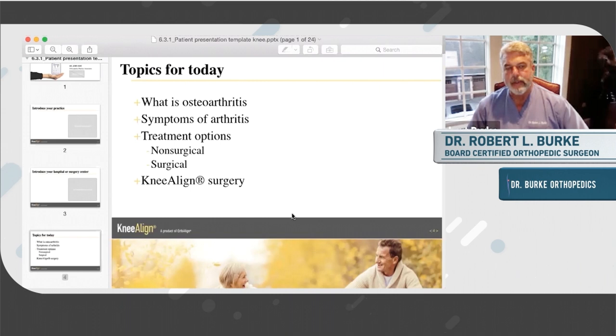The surgical options can consist of arthroscopy, which is basically doing a debridement of loose or unstable flaps of articular cartilage. Sometimes osteotomies can be performed, which is a realignment of the joint in a patient that has isolated arthritis in one part of their knee versus complete loss of cartilage throughout the entire knee, and then either partial or complete total knee arthroplasty.